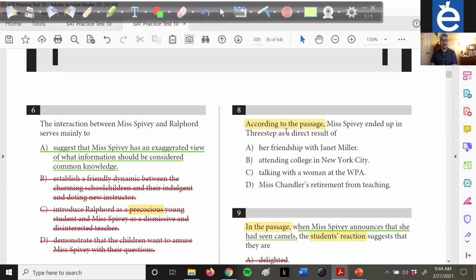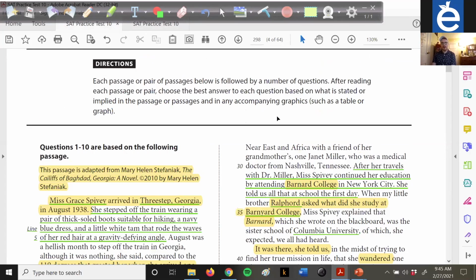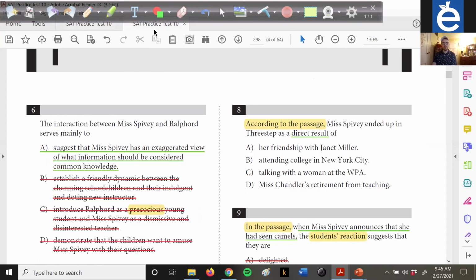So as a direct result, now this is clear. That's important because lots of things could have led to it, but we're looking for the closest, the shortest line of causality. A, her friendship with Janet Miller. Well, Janet Miller gets mentioned way back here. And while it was a fruitful intermission, I don't think it really leads to her going to three-step.